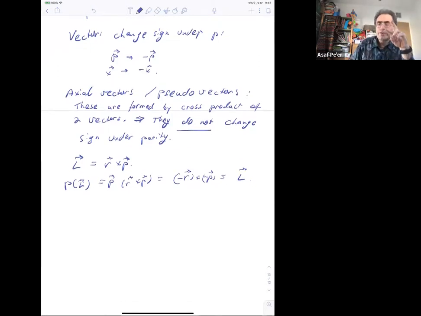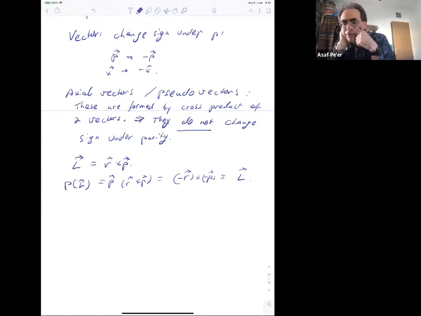So what happens when you have a scalar product of two vectors? What do you get? Come on, guys, you know the answer. There are no hidden tricks here.